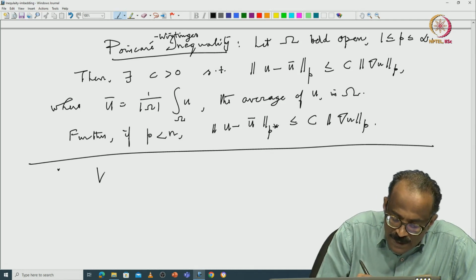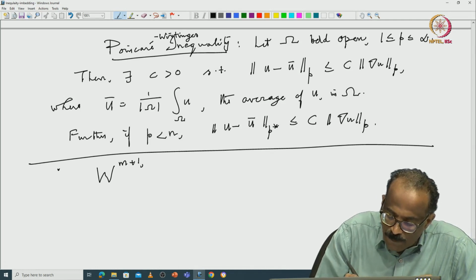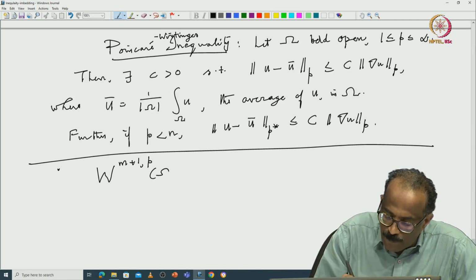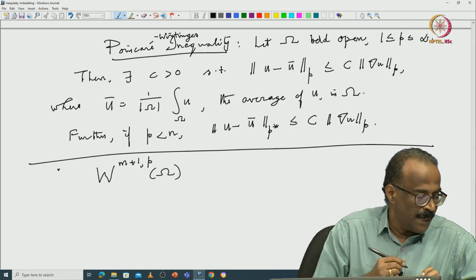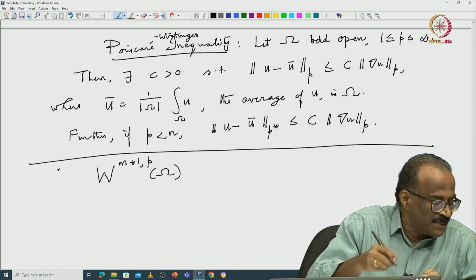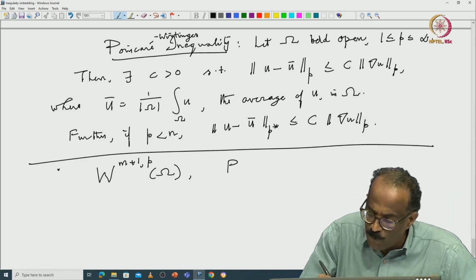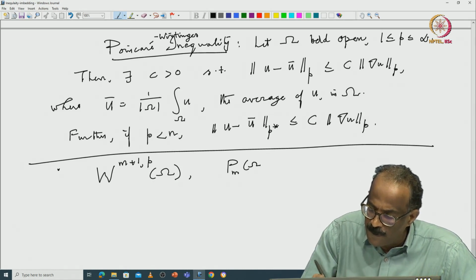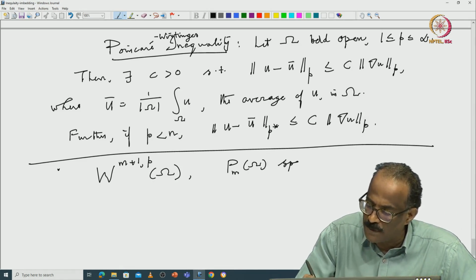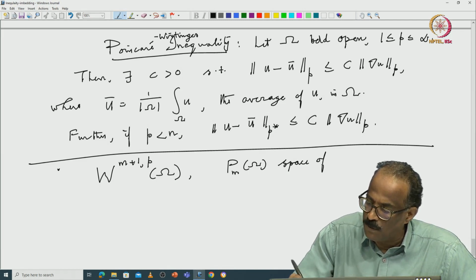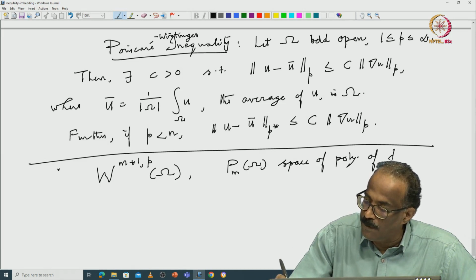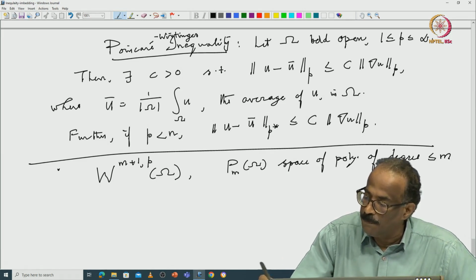I want to look at the space W^{m+1,p}(omega), where omega as usual is a bounded open set, and P_m(omega) is the space of polynomials in n variables of degree less than or equal to m.